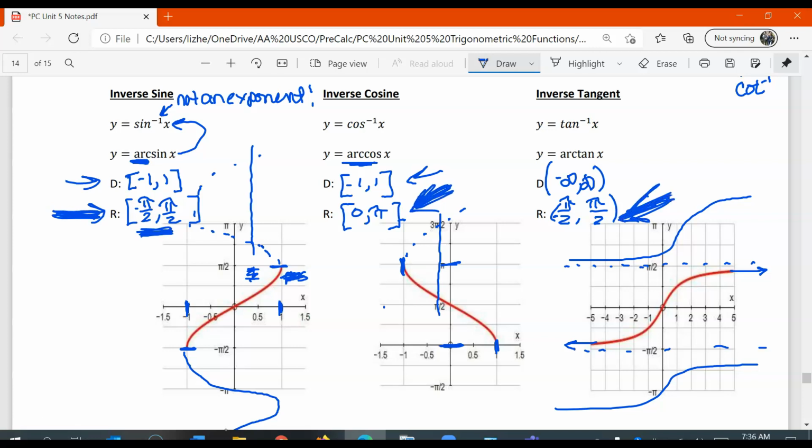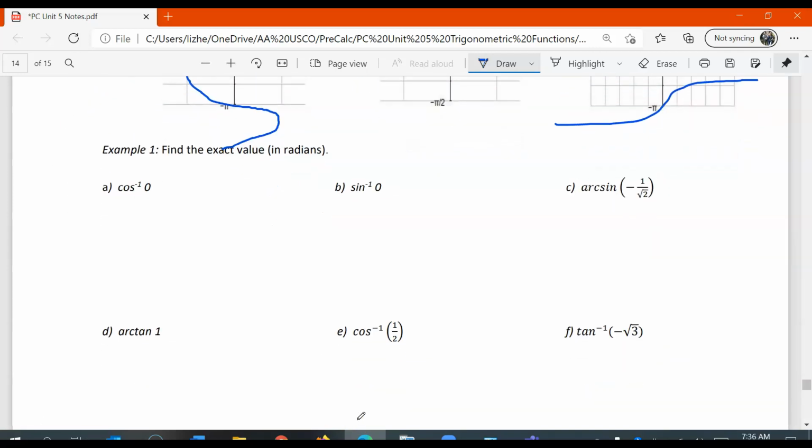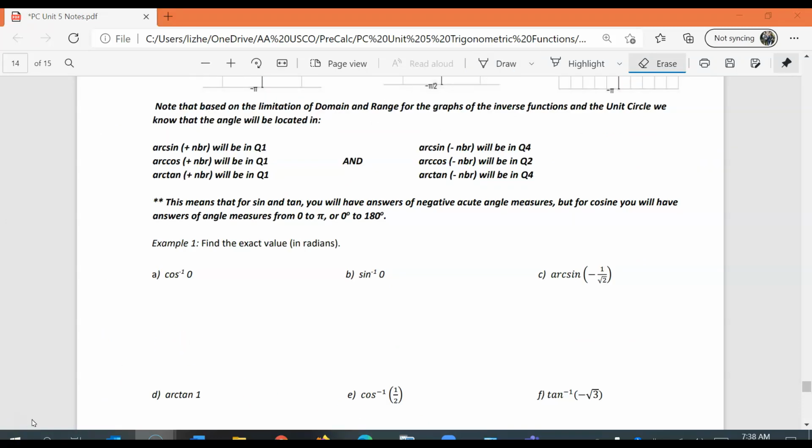Okay, so using that information, note that based on that limitation of the ranges in these functions, for the graphs of the inverse functions and the unit circle, we know where the angle will be located.